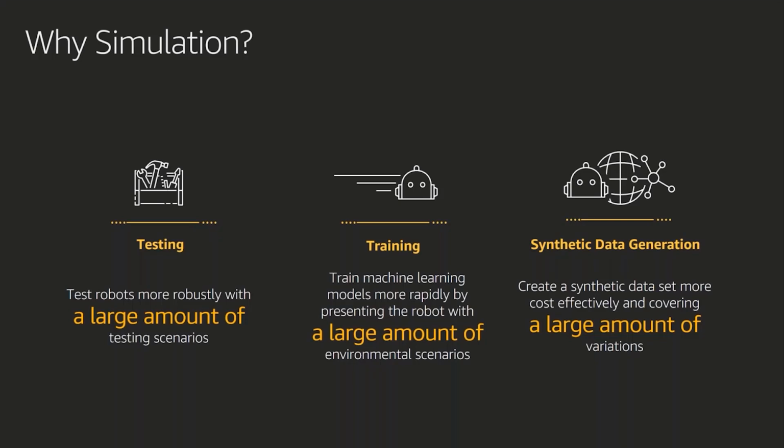You have much faster iteration and training speed when you have many, many simulations to train the same machine learning model concurrently. And your cost per image is much, much lower as you run a lot of simulations and generate a lot of synthetic data from the simulations. So in the end, I think it's all about scale. That's when you get the most value out of simulation: when you run simulations at scale.